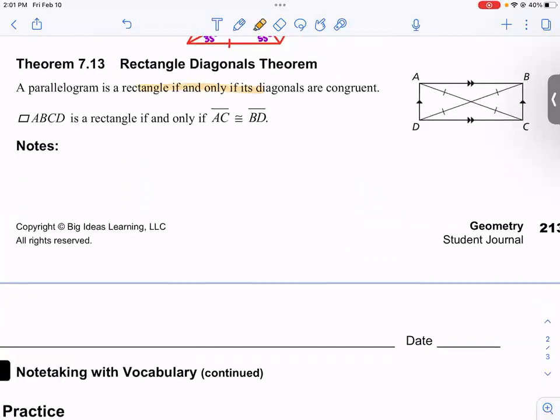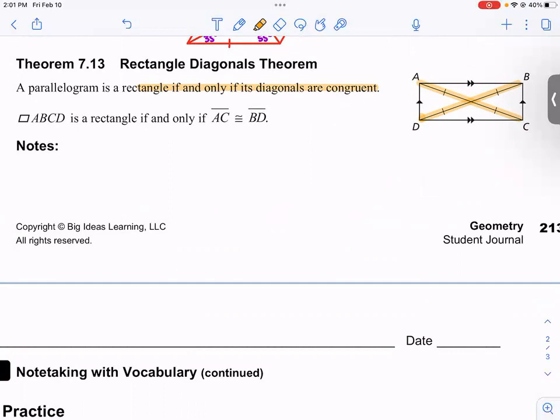Okay, now a rectangle. A rectangle has diagonals that are congruent. So those two diagonals are congruent. What else is true about a parallelogram's diagonals? They bisect each other.